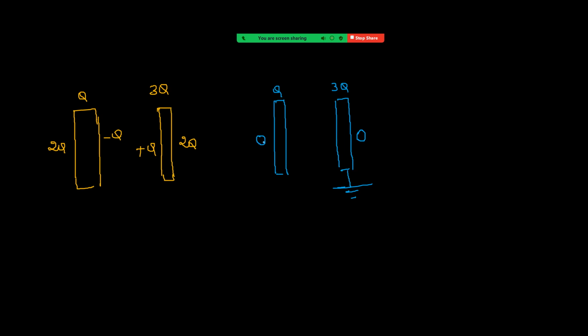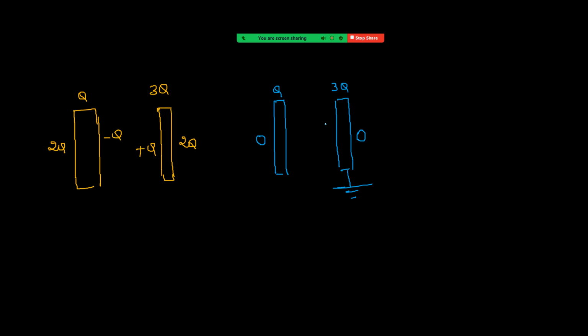Students, see carefully here, both must be the same. When we are taking a point inside the conductor, maybe here or maybe here, net field must be zero. And we have learned that on inner faces, values will be the same, signs opposite. One is plus and one is minus.